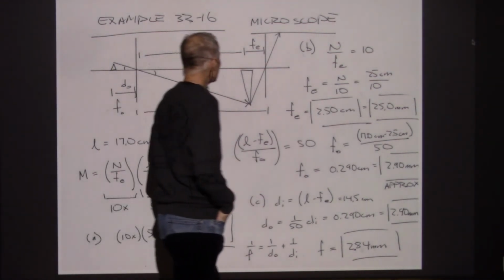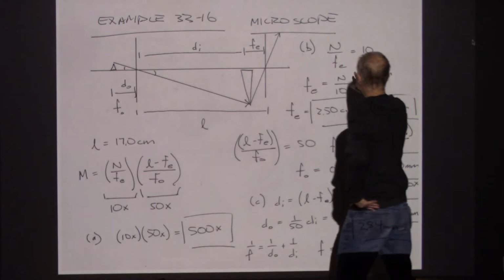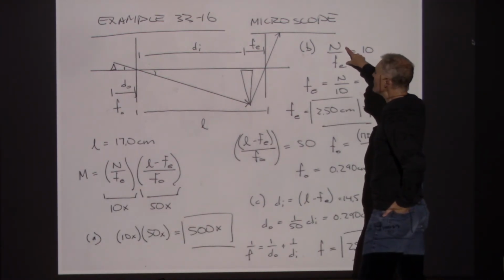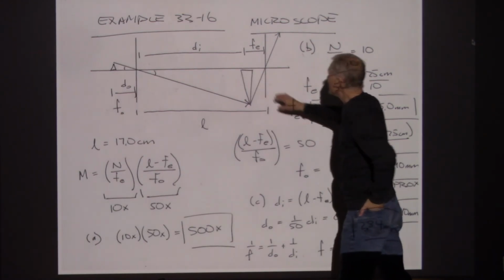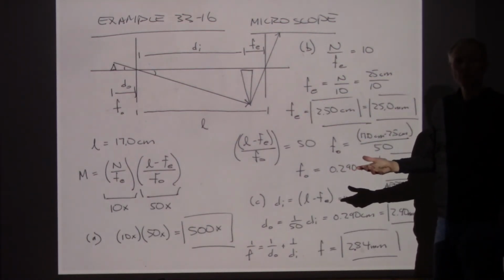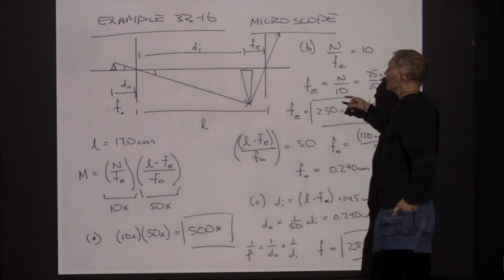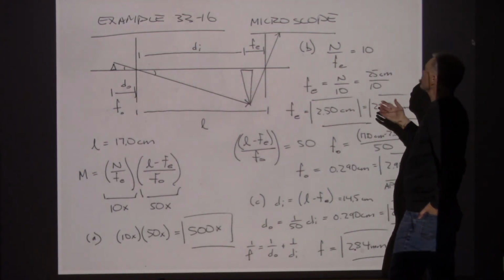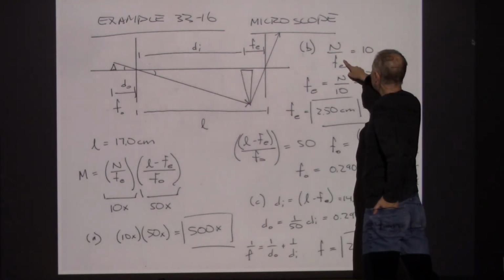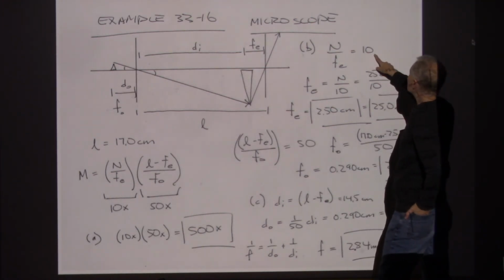First of all, if we look at the eyepiece, the image from the eyepiece is at infinity, and that says that I can treat the eyepiece as a magnifier, and N over FE is going to give me an angular magnification of 10.